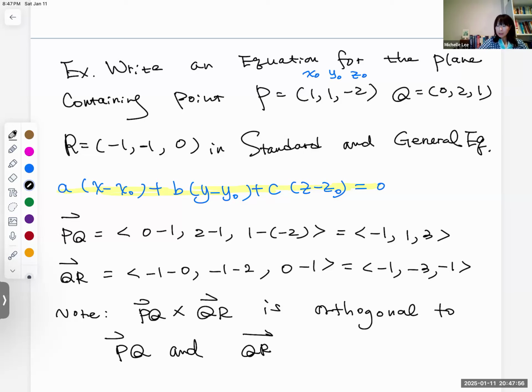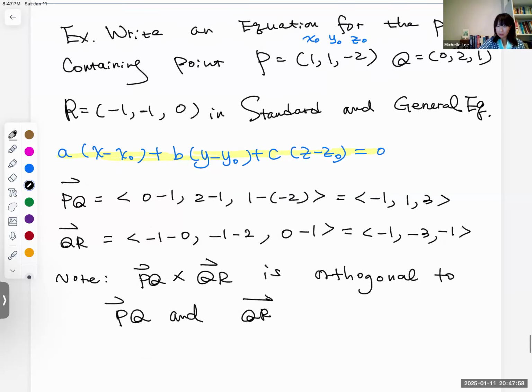So orthogonal means the normal vector, right? Okay, so basically we need to find the normal vector to PQ and QR, right?